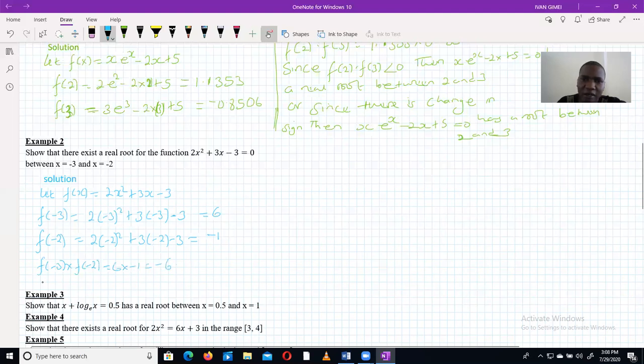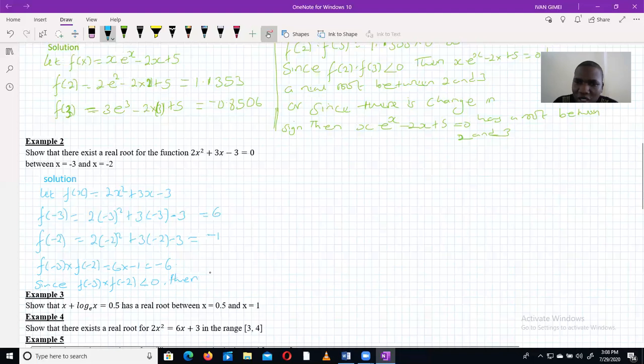So you simply say, since f of negative 3 times f of negative 2 is less than 0, not less equal to, is less than 0, then, what the question is, show that the root exists. Show that there is a real root of the function.